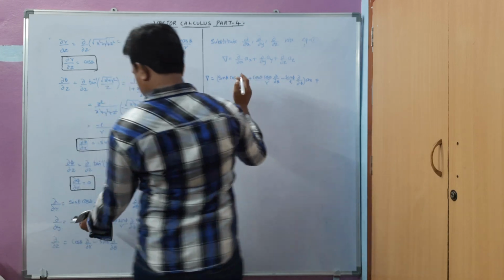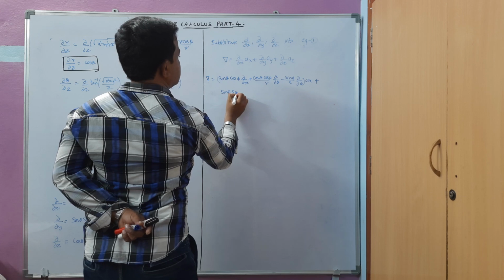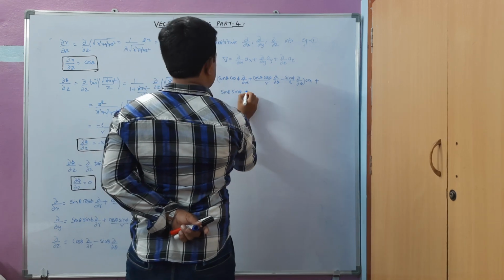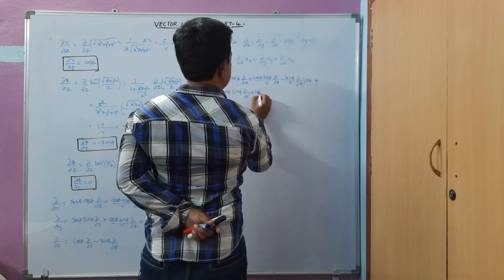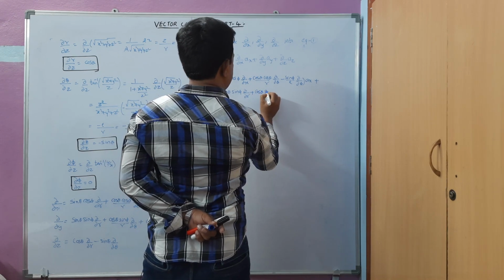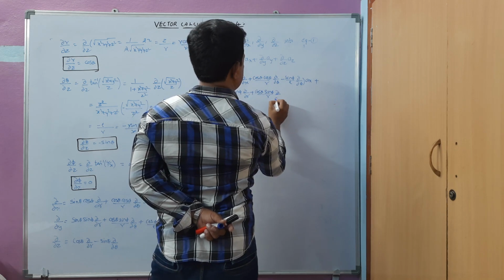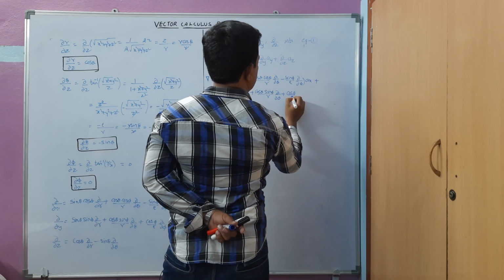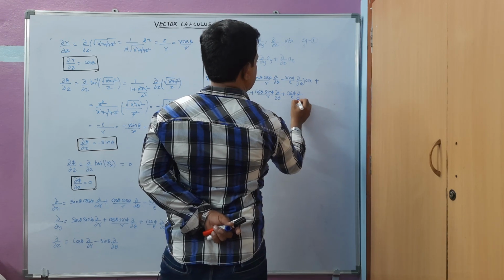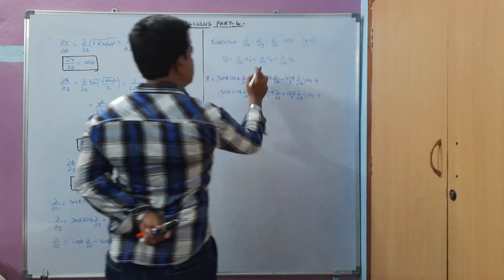Next for dou by dou y, I got sin theta sin phi dou by dou r plus cos theta sin phi by r dou by dou theta plus cos phi by rho dou by dou phi, into ay, plus I have to substitute dou by dou z.